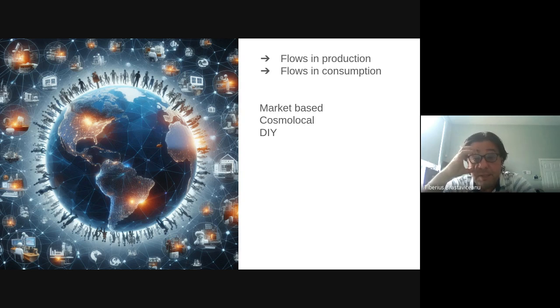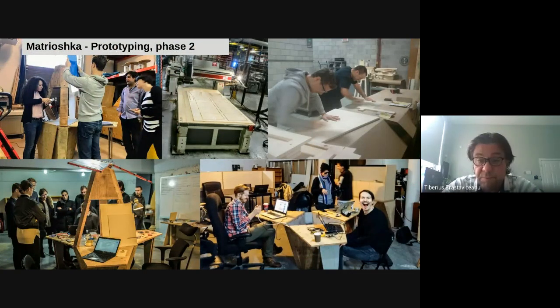So there are patterns of flows into production, and there are patterns of flows to consumption. For now, we can distinguish these three modes, these three patterns. When it comes to production, how resources flow into production in the Sensorica case: here you have a picture of activities for prototyping something called the Matryoshka, which is like a public furniture.